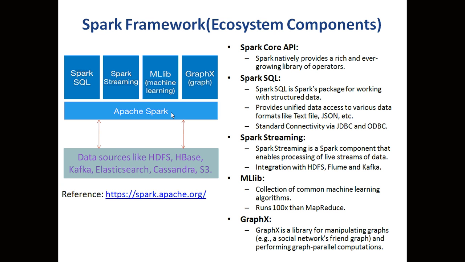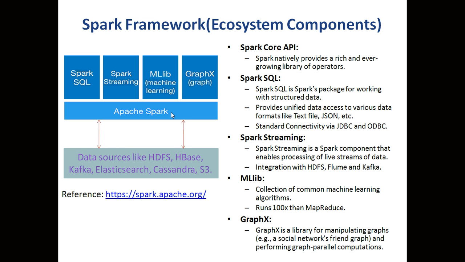You can integrate with HDFS, Flume, Kafka. The third library is the machine learning library. It has a set of machine learning algorithms that you can explore using this library.